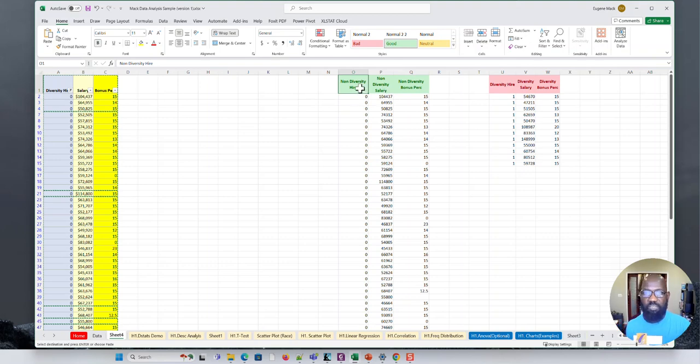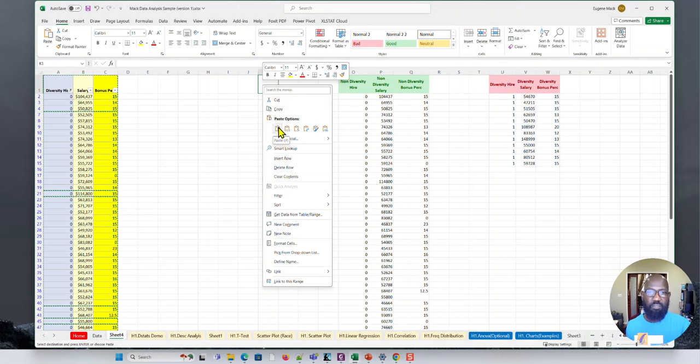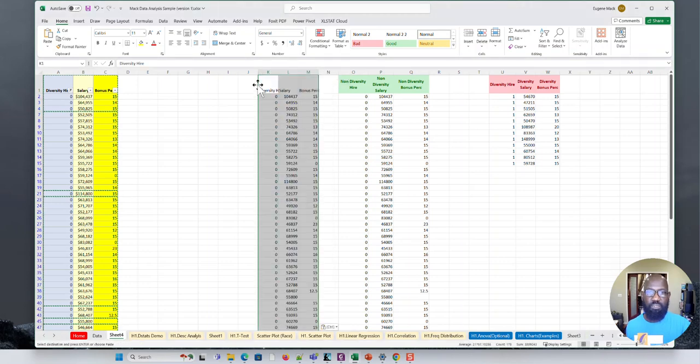I won't do it because I already have these column heads changed, but the data would in fact look something like this. Paste values. This was your data. I renamed the column headings because I wanted to be certain of the type of data that was in these particular columns. So this is non-diversity hire, coded 0, non-diversity salary, and non-diversity bonus percentage. Let me remove this.